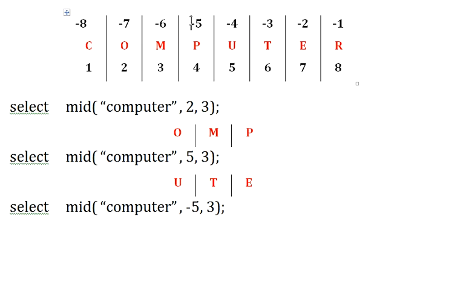It won't go to the left side; from the -5th position it will fetch towards the right side only. So you will be getting the output -5, -4, -3. These 3 characters will be fetched and it gives the result as PUT. Hope this is clear.